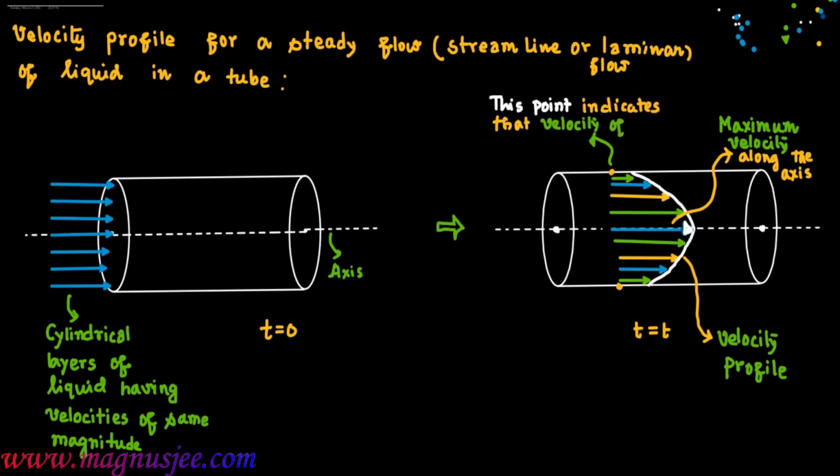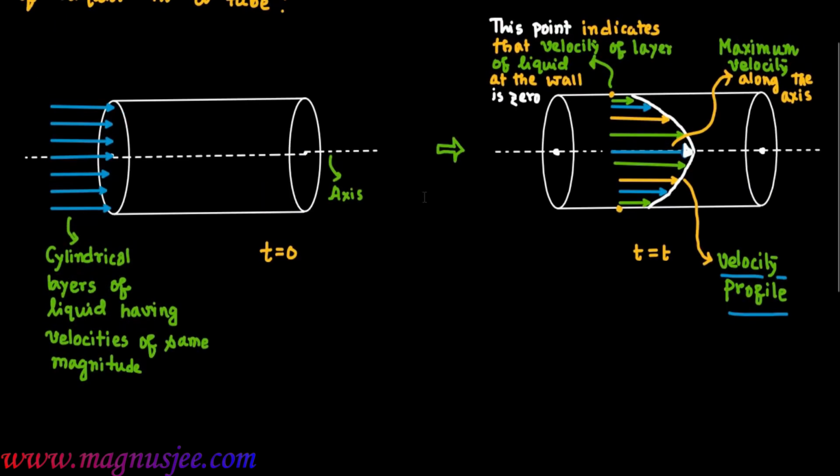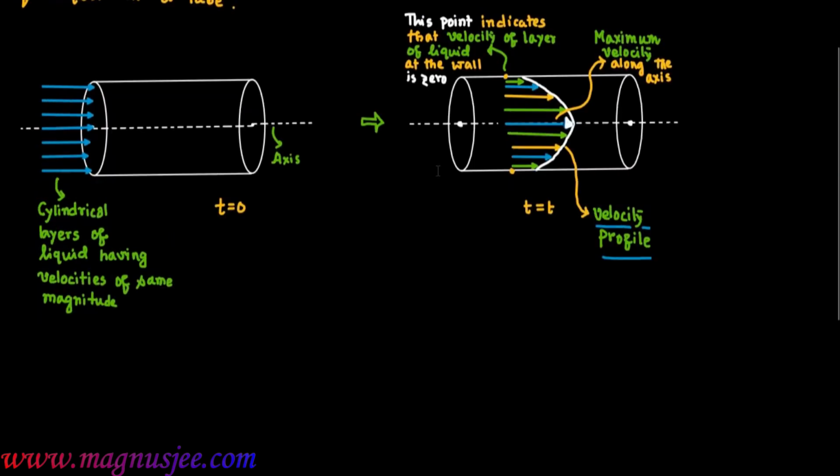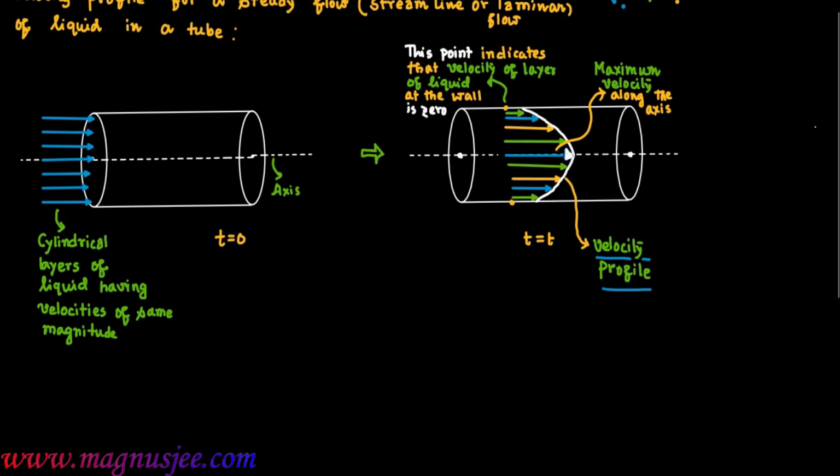This point indicates that the velocity of the layer of liquid at the wall of the tube is 0. So this is the velocity profile. This locus connecting the velocity of different layers of liquid in steady flow is the velocity profile.